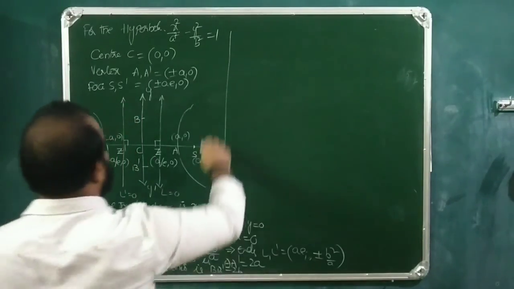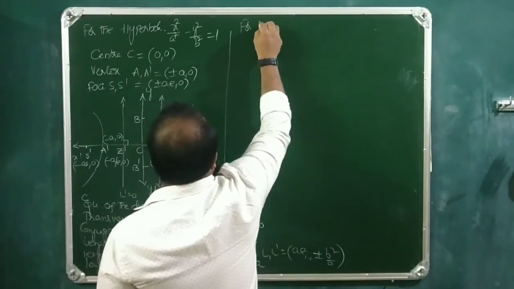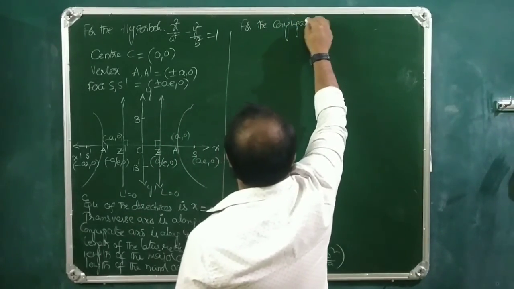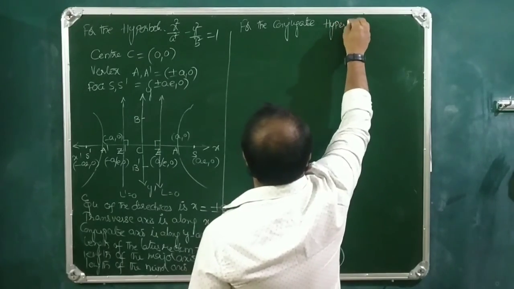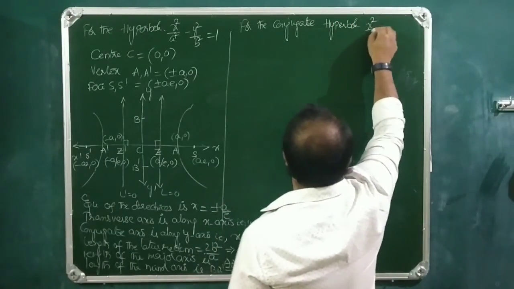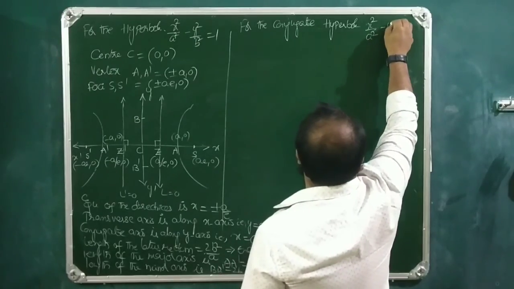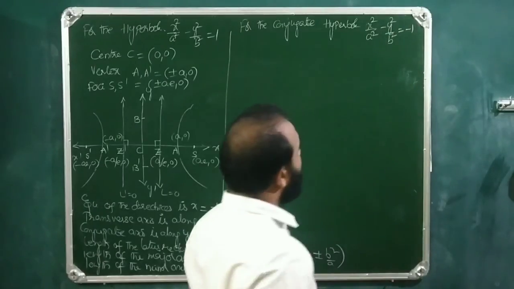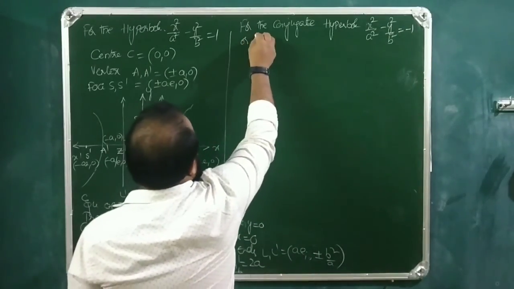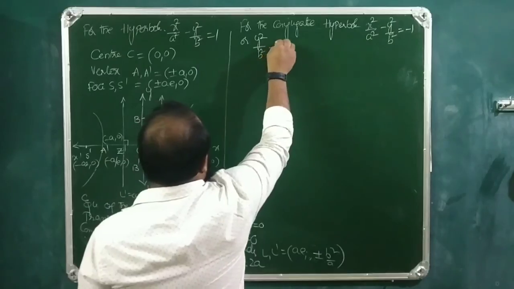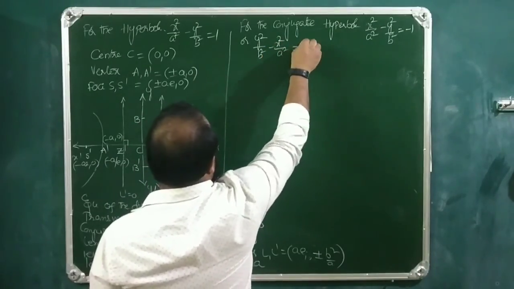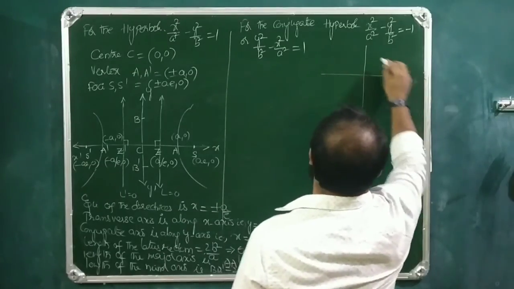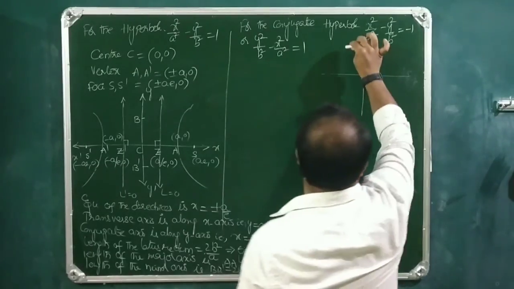Now for the conjugate hyperbola, x square by a square minus y square by b square is equals to minus 1, or y square by b square minus x square by a square equals to 1. So this hyperbola is like this.